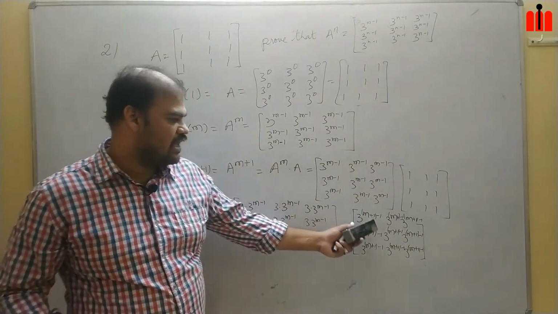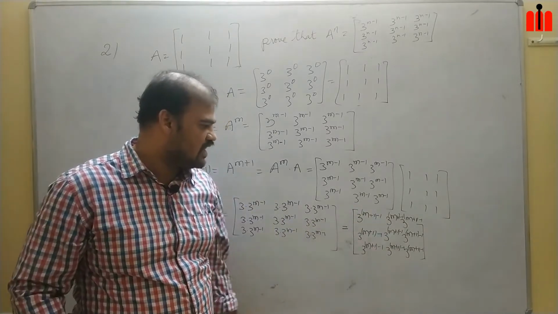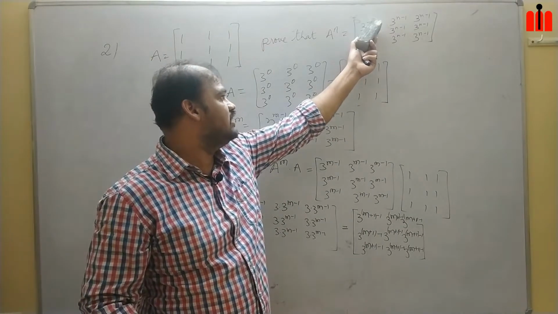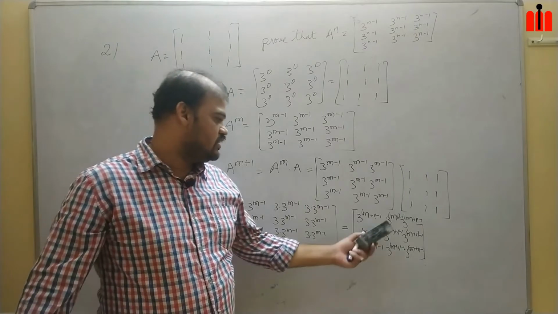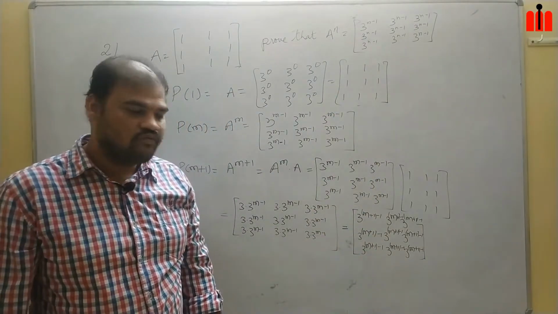So 3 to the power of m can be written as 3 to the power of m plus 1 minus 1, right? Why have I written m plus 1 minus 1? Because I have to prove that in the place of n there is m plus 1 in the RHS.